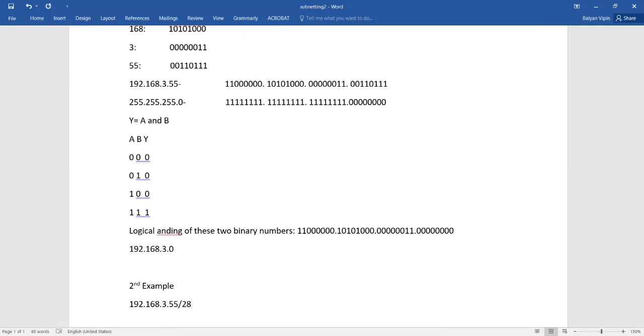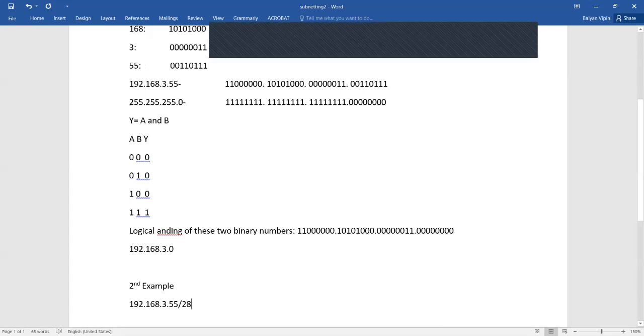Here again, this /28 indicates that the number of subnet bits is 28. So there are 255.255.255 and then there are 4 subnet bits which are taken from the last one. Again, remember, this is a class C address because it starts from 192.